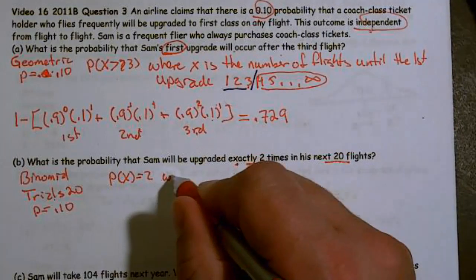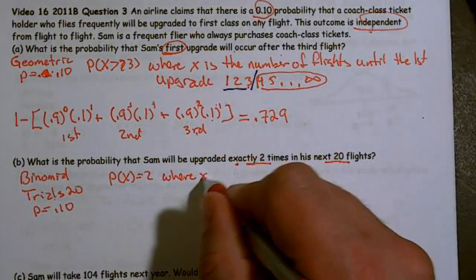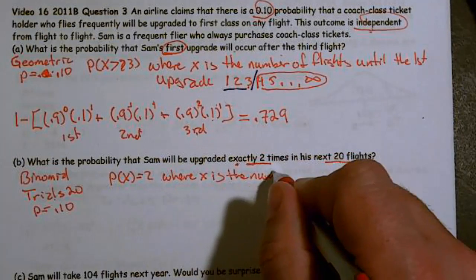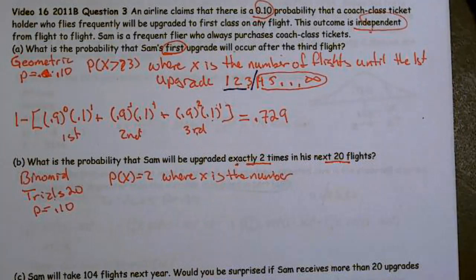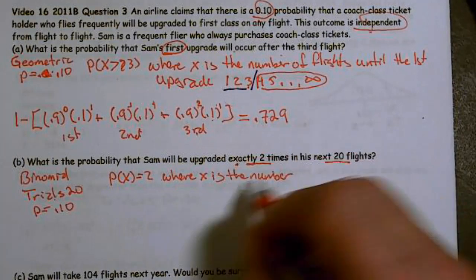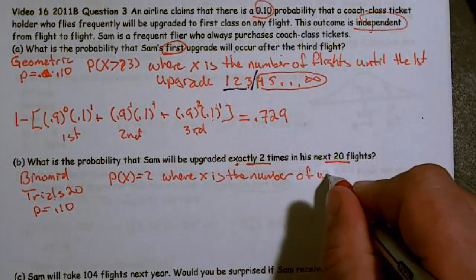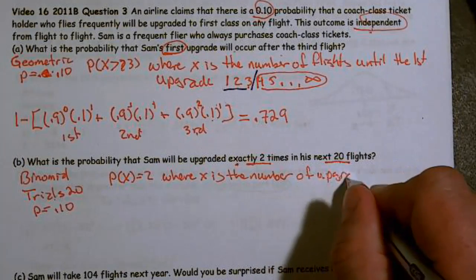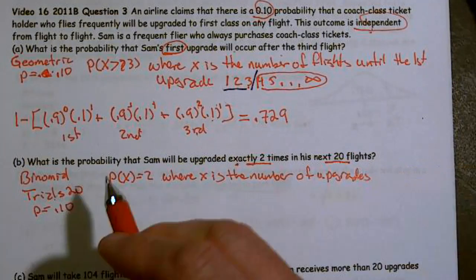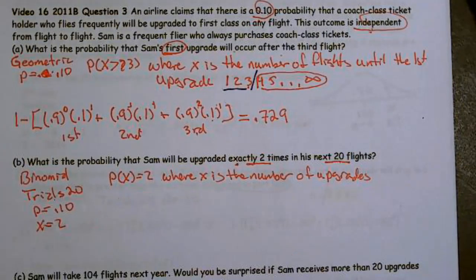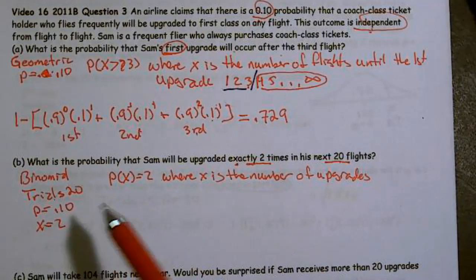And so we're looking for the probability that X equals 2, where X is the number of upgrades.